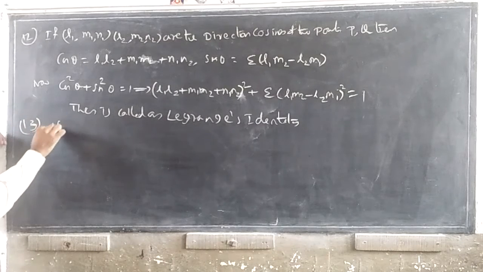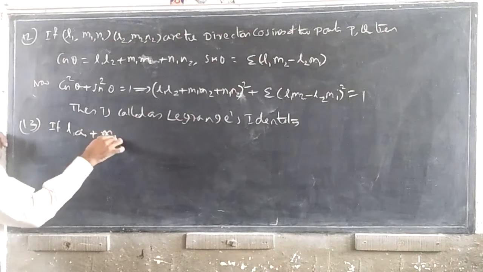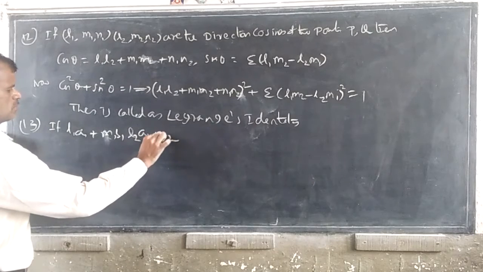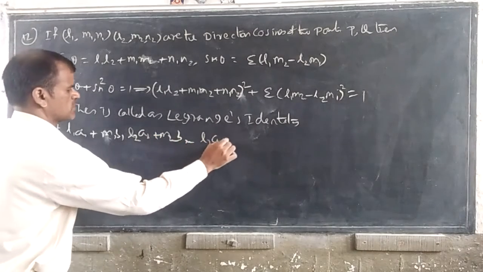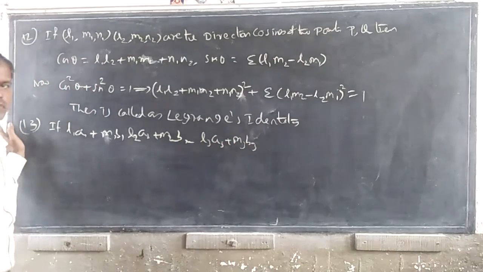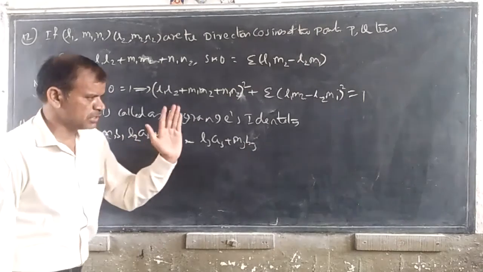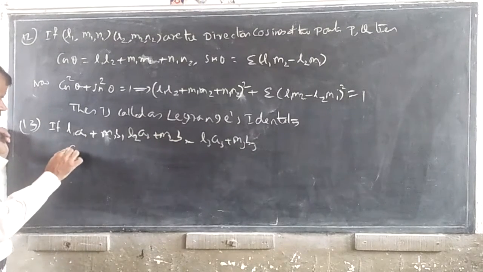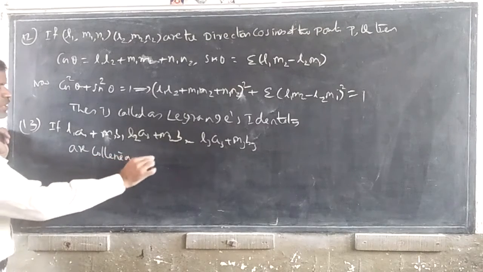If L1A1 plus M1B1, like this L2A2 plus M2B2, next L3A3 plus M3B3, where L1, M1, L2, M2, L3, M3 are scalars and A1, B1, A2, B2, A3, B3 are vectors, are collinear. So the linear combination is collinear.